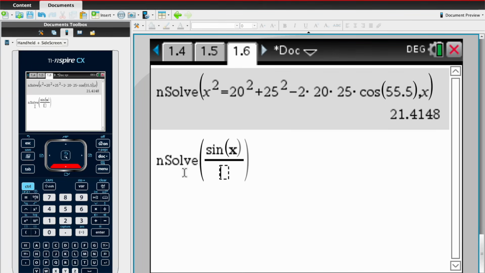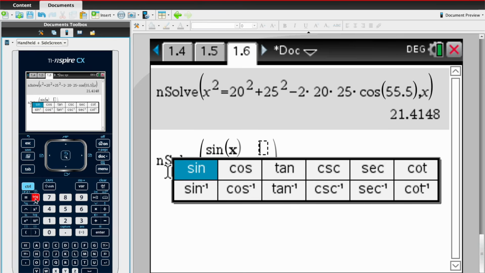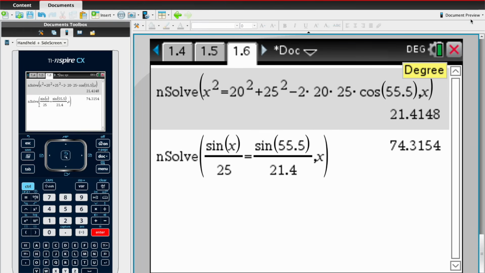And then we'll write this over 25 equal to, and then we'll write sine 55.5 and do this over 21.4. Ask the calculator to solve for x and make sure you're in degrees. So here it is, 74.3 degrees.